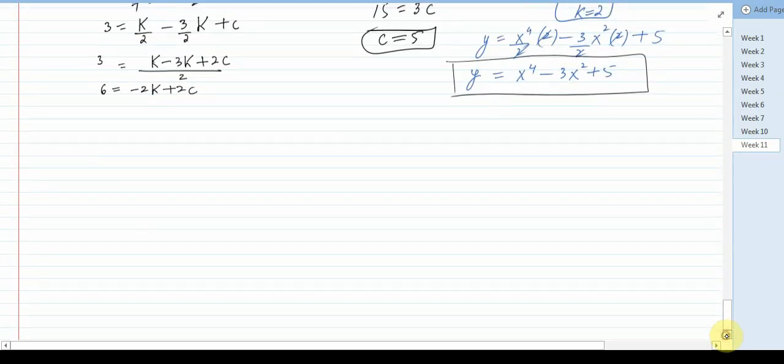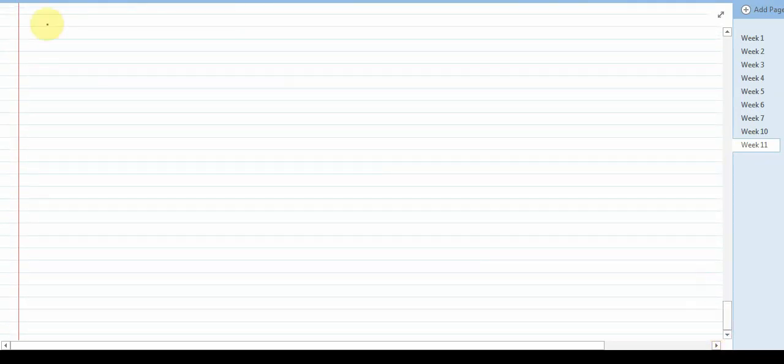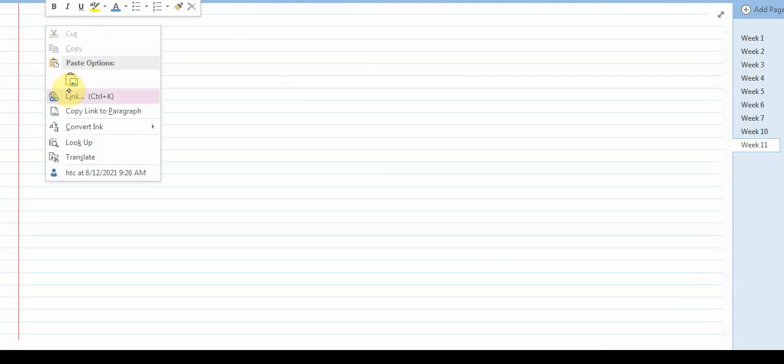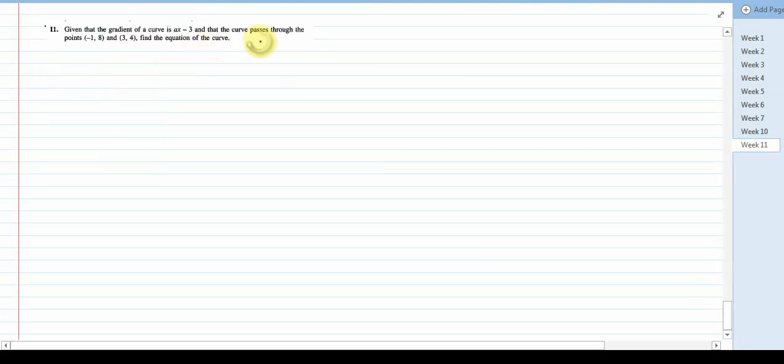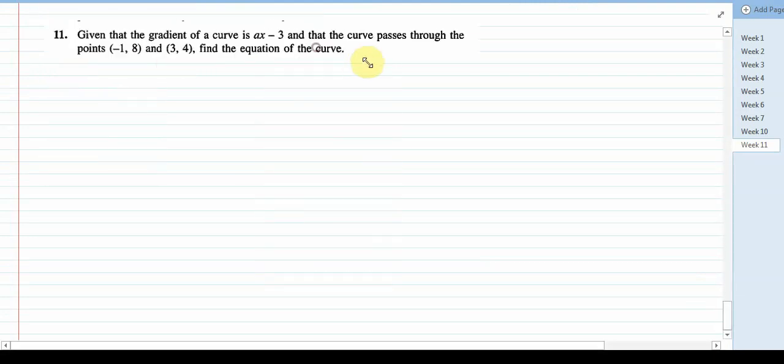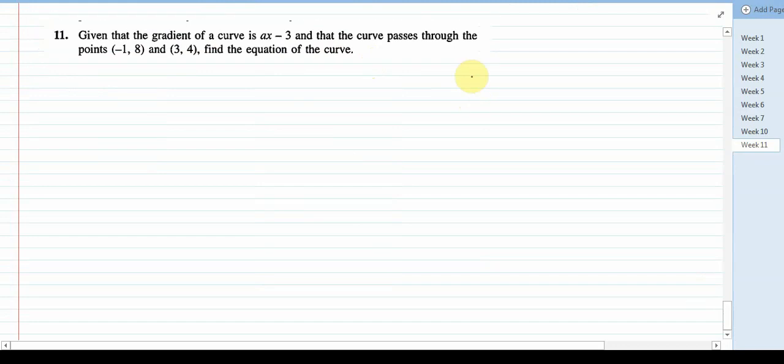After question number 9, it's question number 11. Given that the gradient of the curve is ax minus 3, so the gradient of the curve means dy over dx is ax minus 3, and that the curve passes through the points (minus 1, 8) and (3, 4).